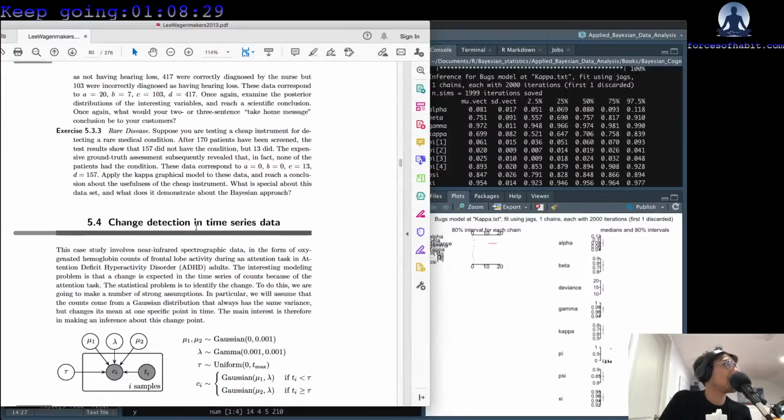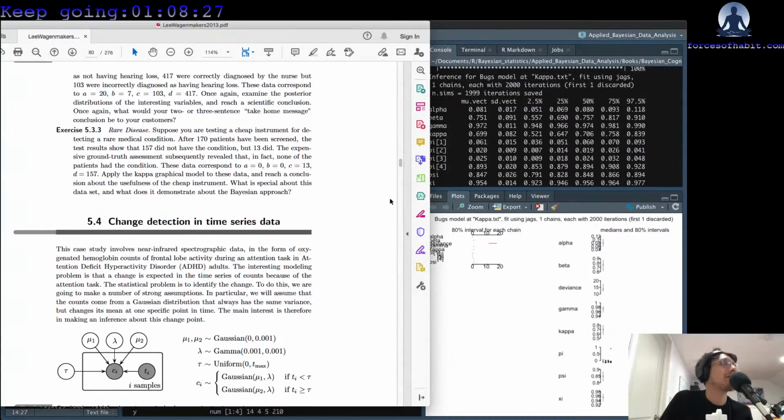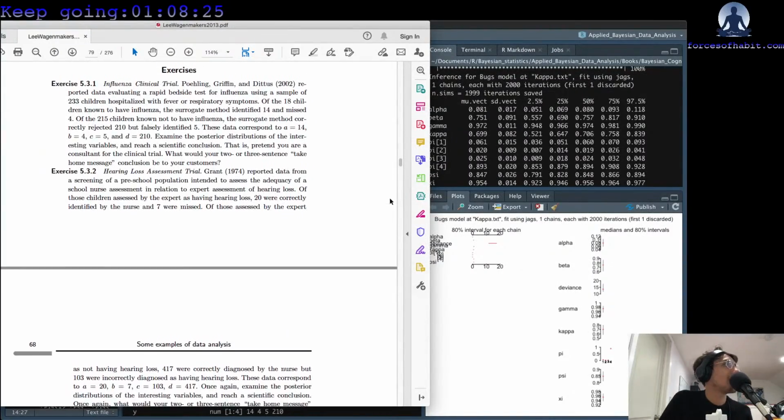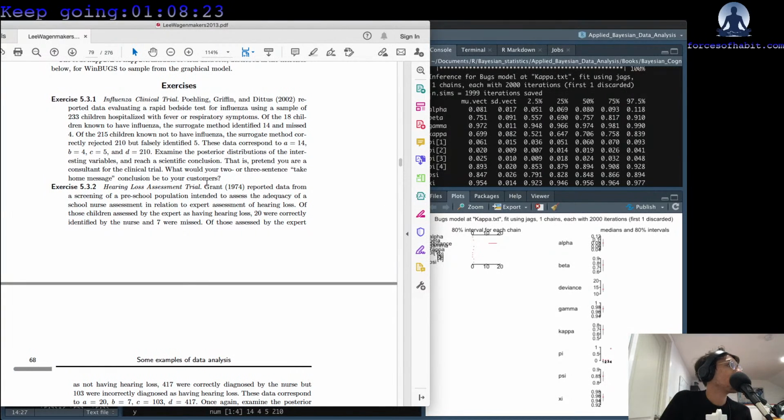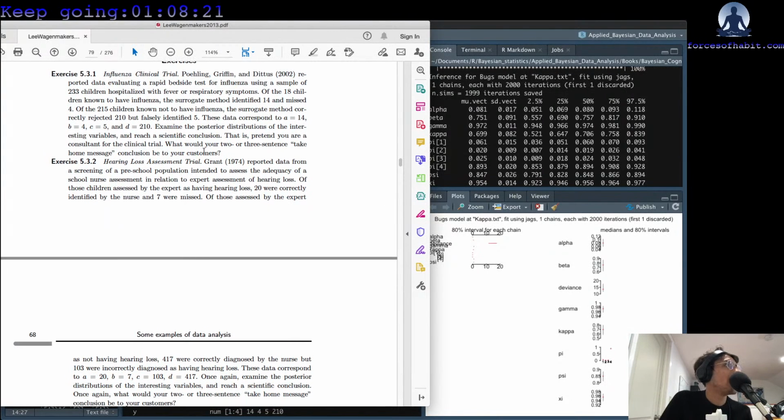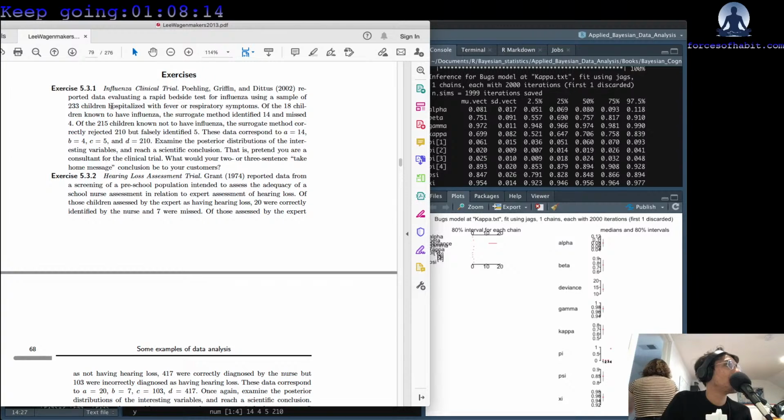So good with the probability of it being excellent high. It's fairly precise. And I would recommend the rapid bedside test as a way to identify influenza.